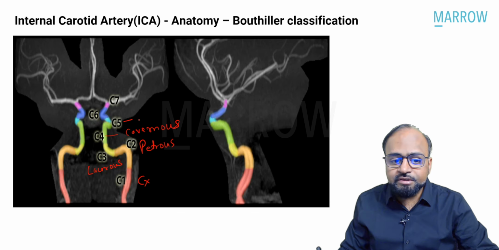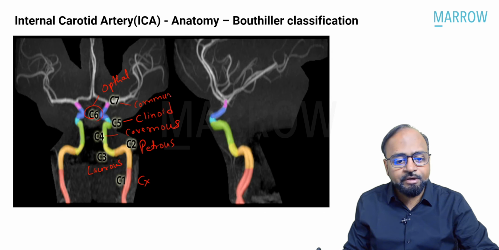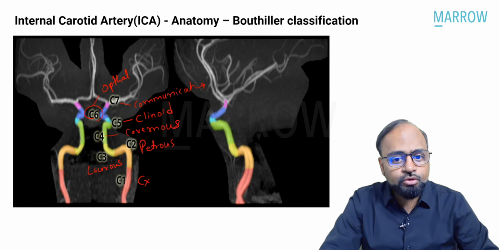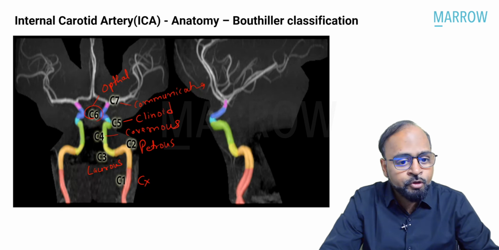The fifth is the clinoid segment. The sixth is the ophthalmic segment, and then we have the communicating segment. These are the seven segments of the internal carotid artery, according to the Bouthillier classification.